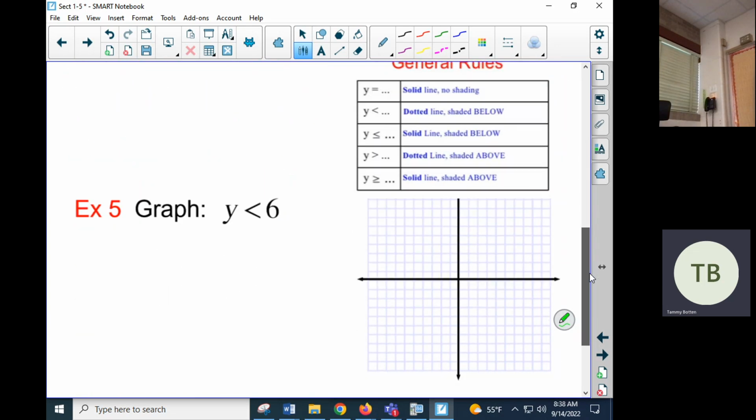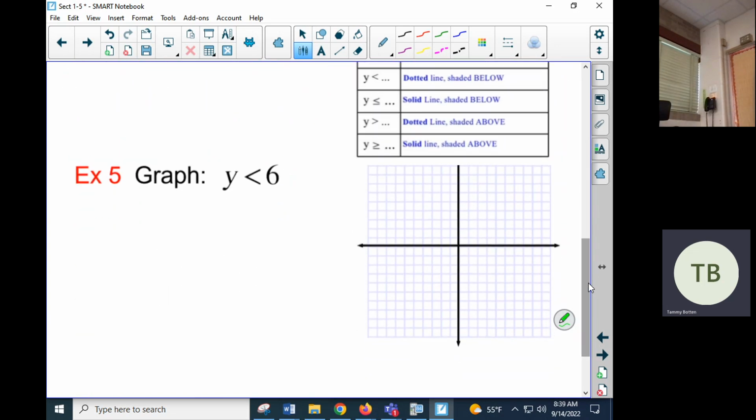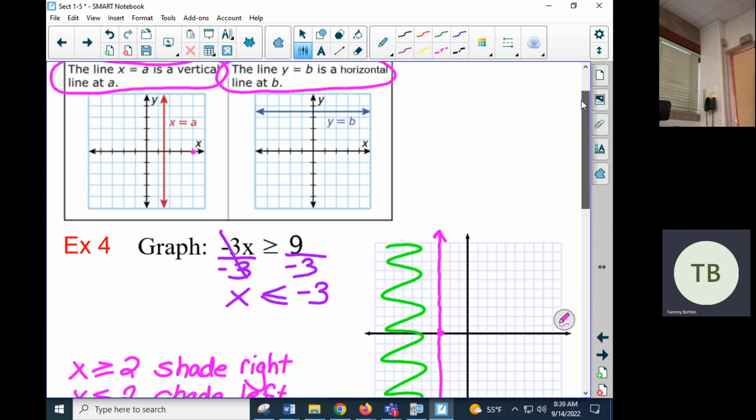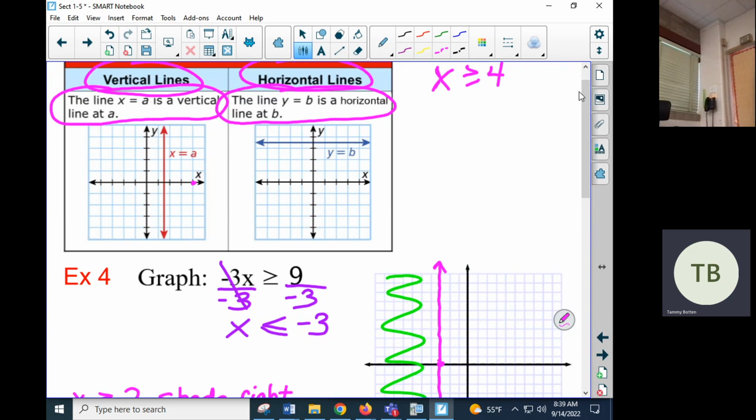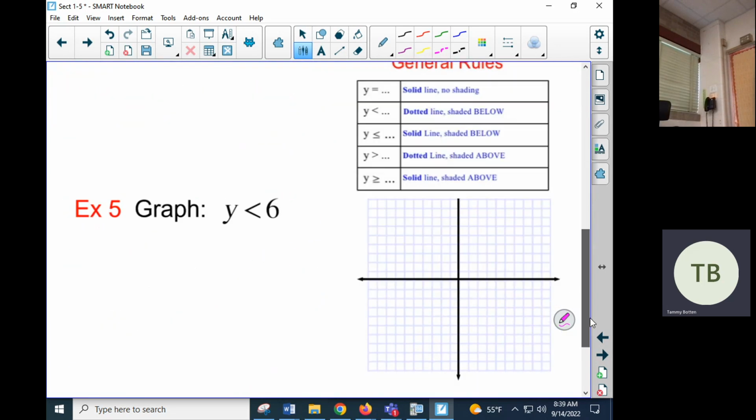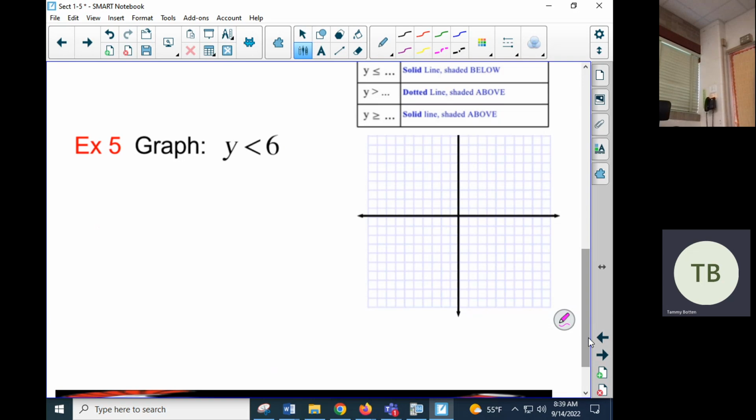And then if I go to this one, I have y equals 6 basically. And remember with y equals, you're going to have a horizontal line. So you're going to go on your y-axis this time. So go here until y equals 6: 1, 2, 3, 4, 5, 6. And here you're going to have a solid or a dashed line?